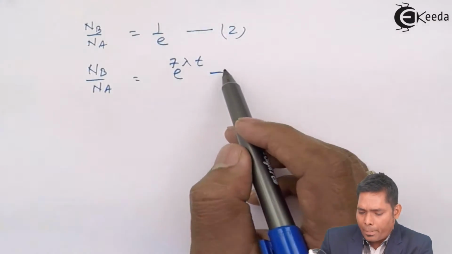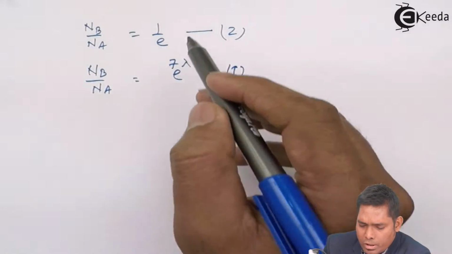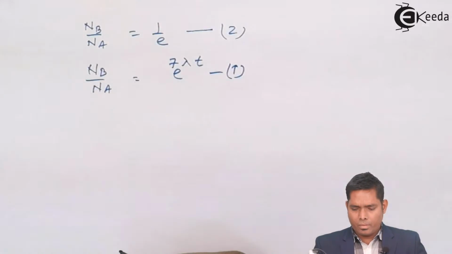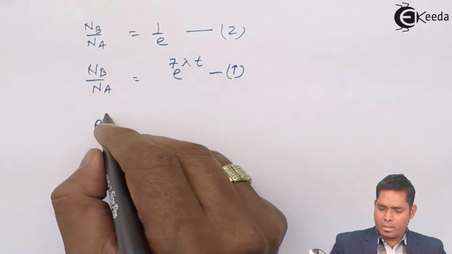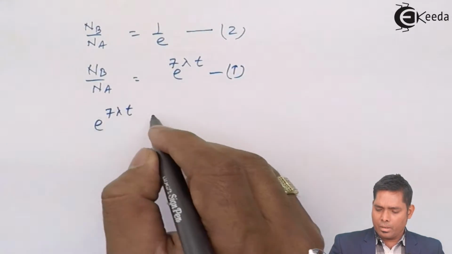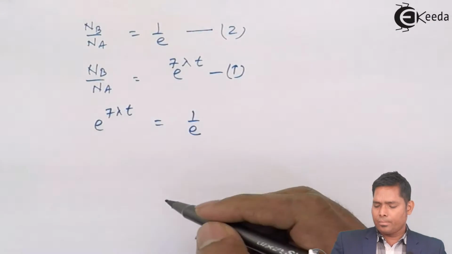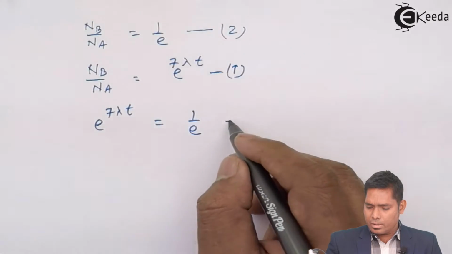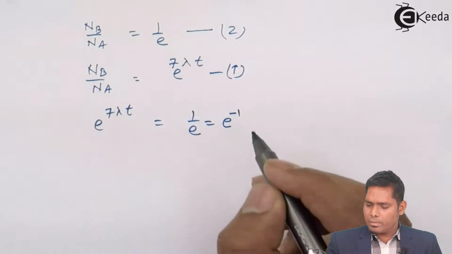So if I compare these two equations, then the right side will be the same, because the left sides are the same. So e to the power 7 lambda t is equal to 1 over e, or I can write this as e to the minus 1.